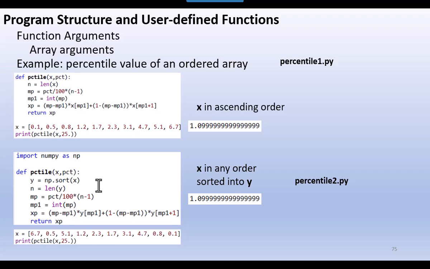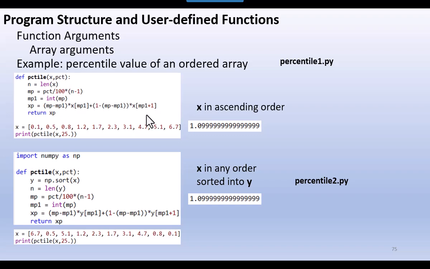And then you may need to look through this code to understand again how it is coming up with the percentile value, but I think you can sort of see that it's taking part of the MP1 value, this int, and then it's taking the complementary part of the MP, the next value in the array. All right, so that is how that is working.